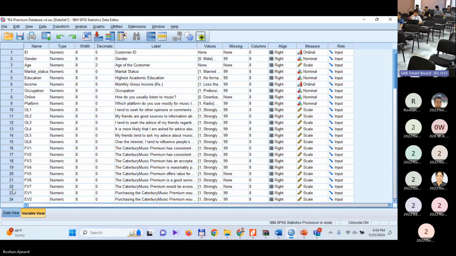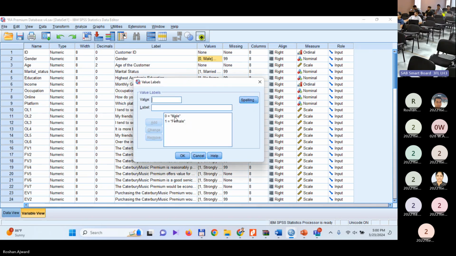Now let's see how to perform an independent sample t-test, step by step. How to do that is very simple, of course. And remember, gender is coded as what? 0 and 1, right? Keep that in mind.